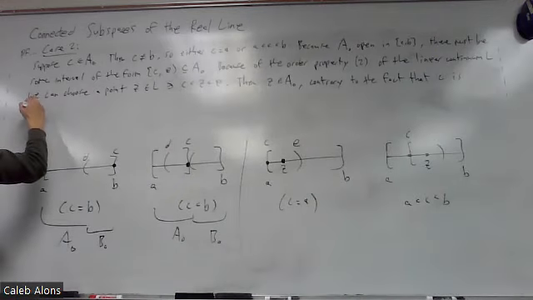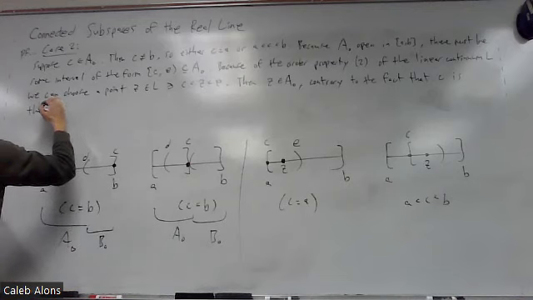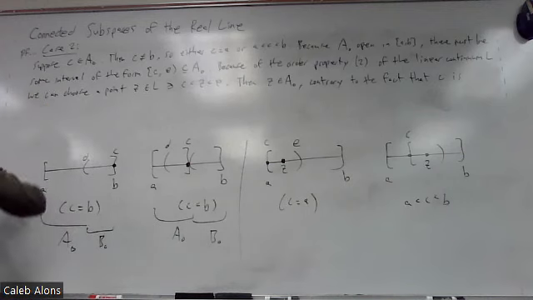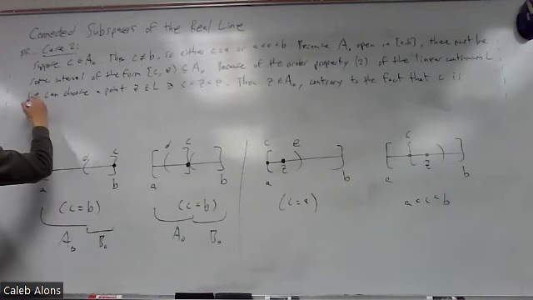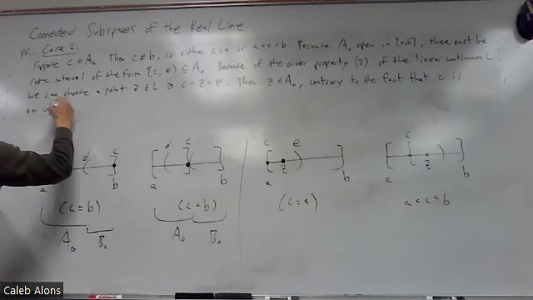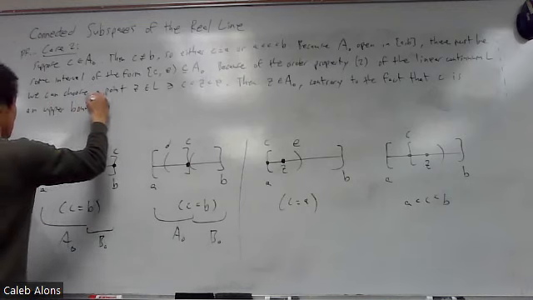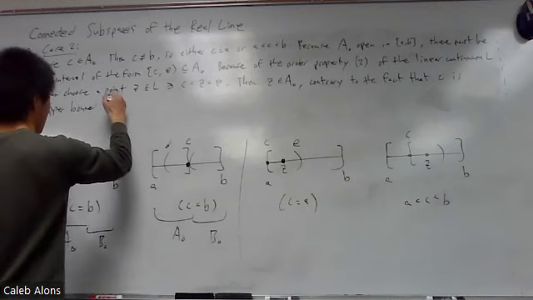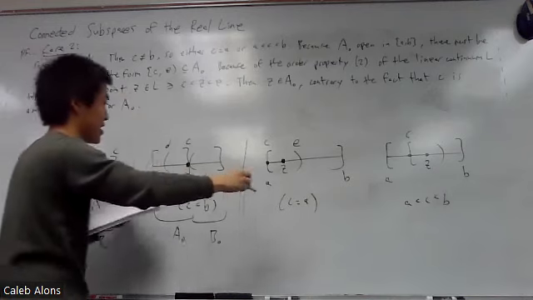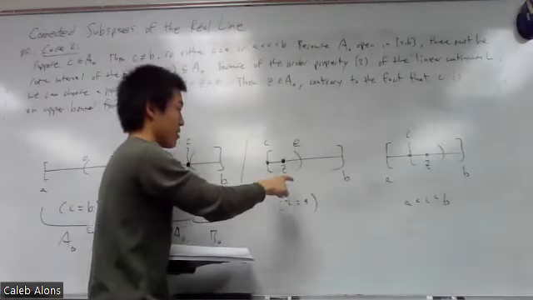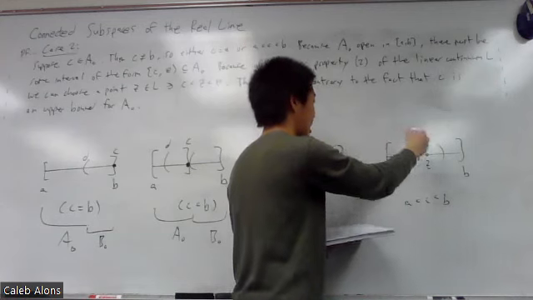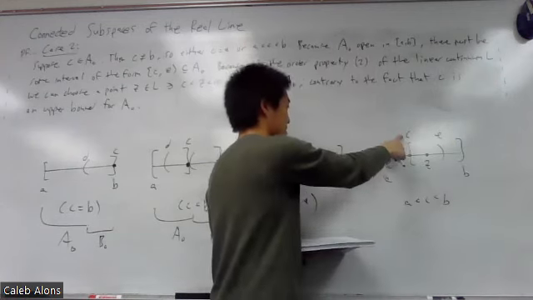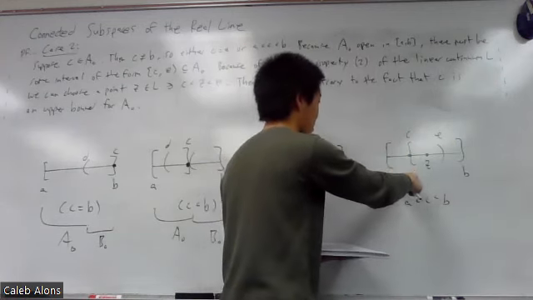Or wait, not the upper bound, because there are multiple symbols B and upper bound. Or A naught. So does that make sense? Basically, C is supposed to be acting as the upper bound for A naught.